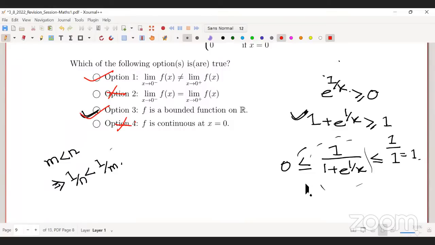For example, sin x is a bounded function, its range is between -1 and 1. Similarly, cos x is bounded, but tan x is not a bounded function, because you can't restrict its range in some bounded interval.